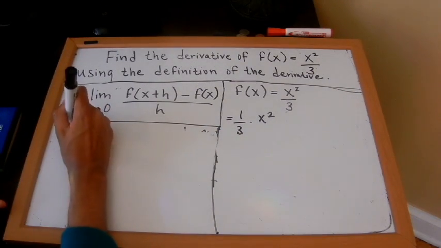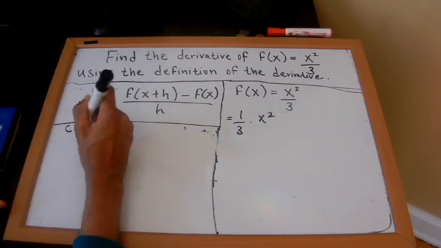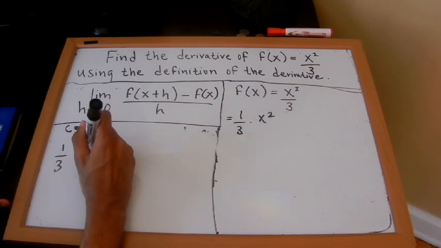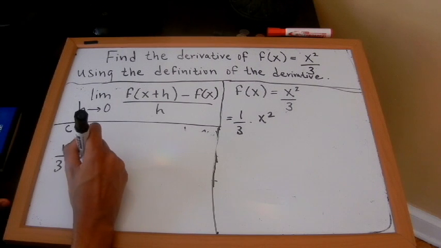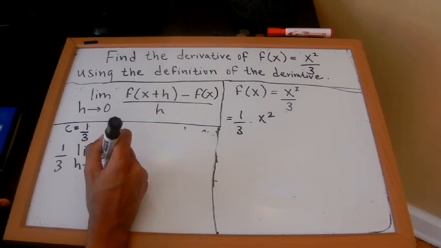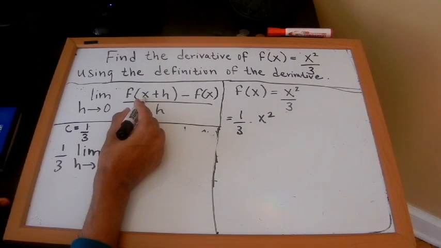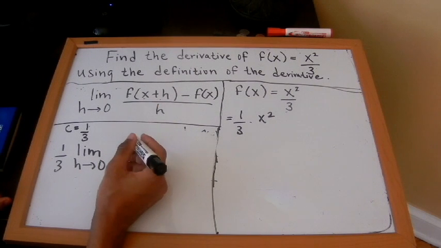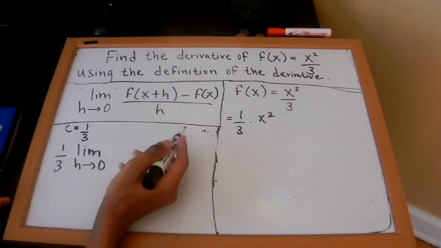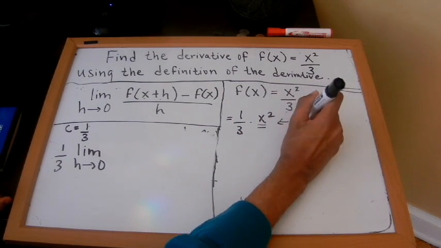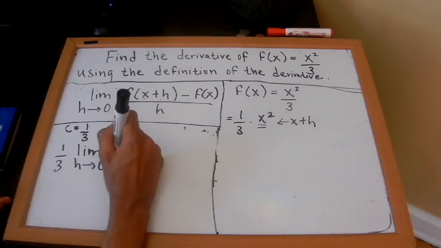So remember, c is equal to 1/3, so we're going to have 1/3 times the limit as h approaches 0 of f of x plus h. So f of x plus h simply means we're going to plug in x plus h wherever we have an x. We have an x squared, so I'm going to plug in x plus h into x squared.